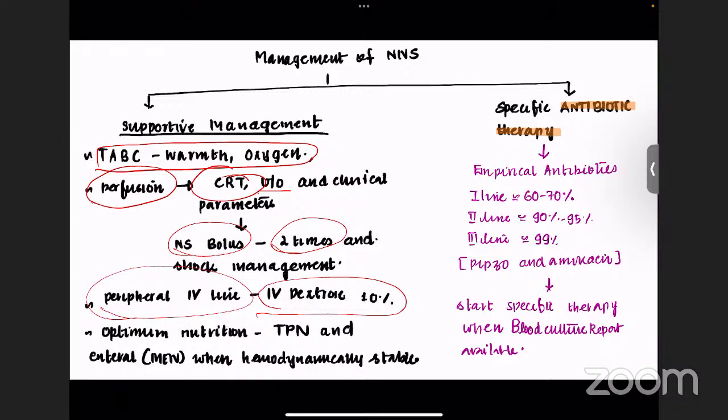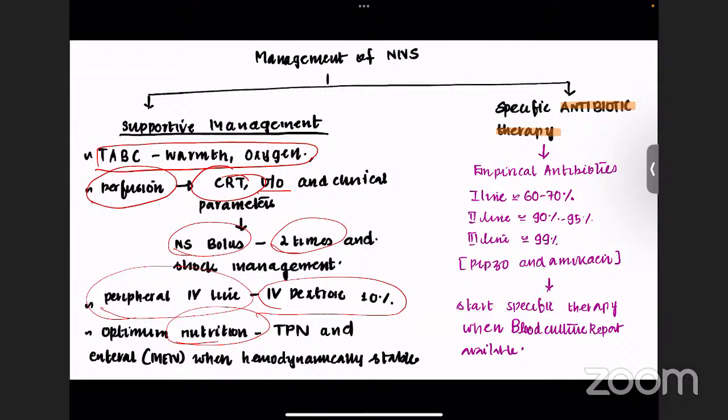So when you cannot check glucose, or in your center you lack monitoring devices like a glucometer, then give IV 10% dextrose instantly. Then you have to give nutrition. Whatever antibiotic you give, without optimizing nutrition the child will not recover, because sepsis is a catabolic process.